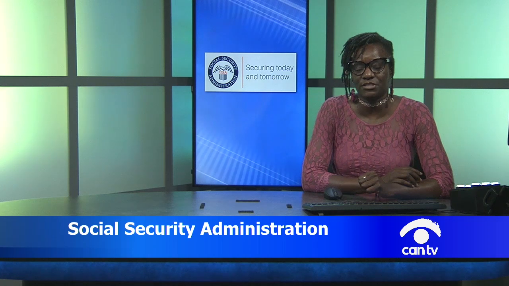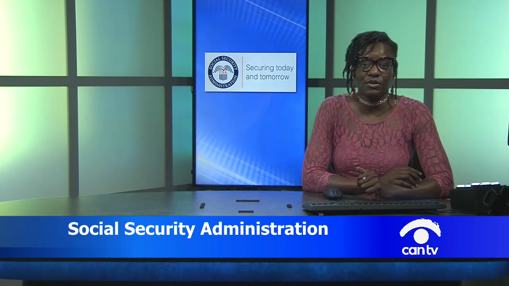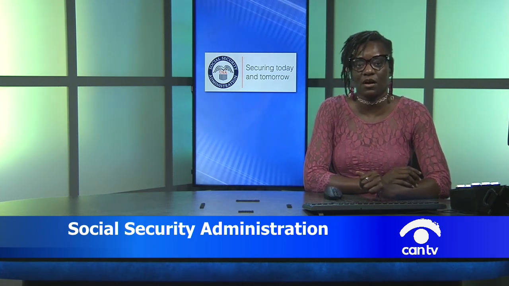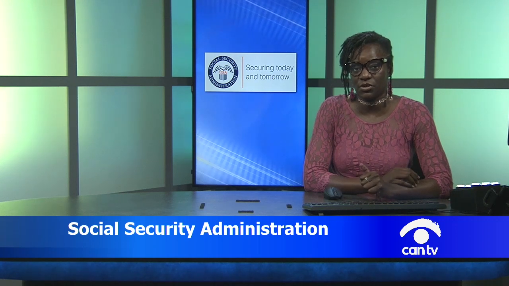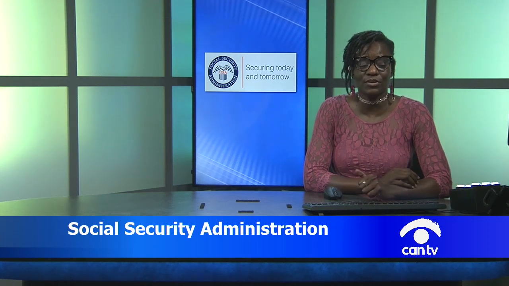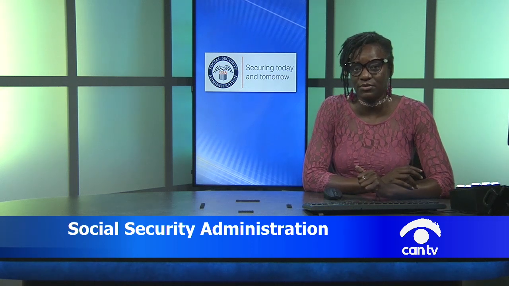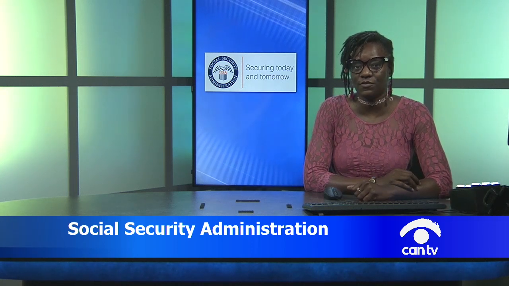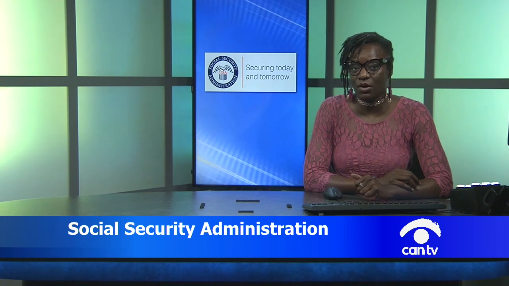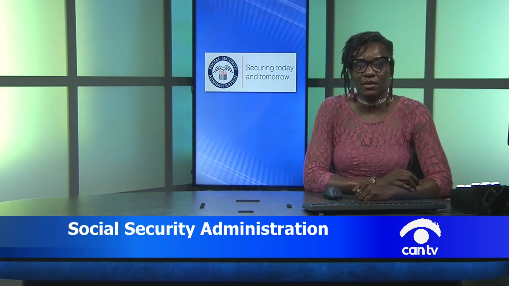If you have made changes where you live, you would have to come into the Social Security office to replace your Social Security card. In order to get to our offices, you can go to our website at www.ssa.gov and type in your zip code, and it would bring up the offices nearest to you.